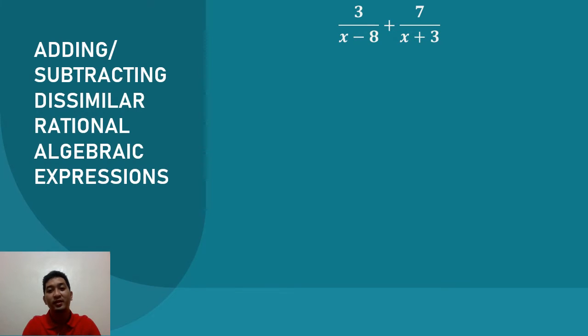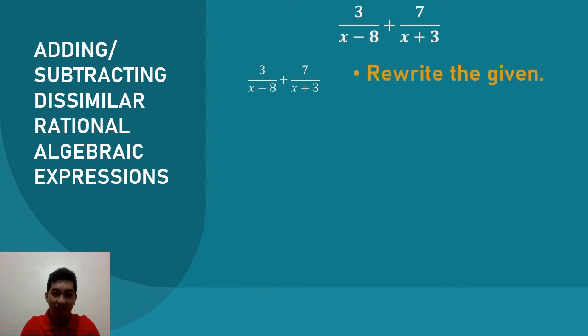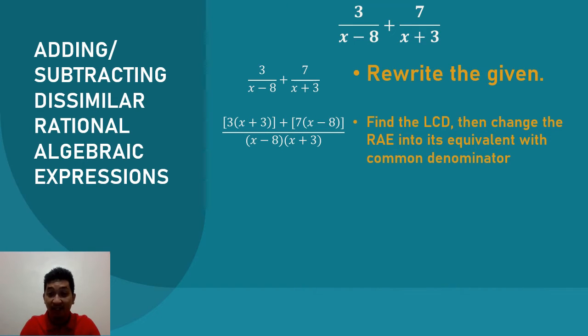You were given 3 over x minus 8 plus 7 over x plus 3. Okay, so first step, rewrite the given. And then the next one is find the LCD, then change the rational algebraic expression into its equivalent with the common denominator. Or just simply use the butterfly method that I have just told you.